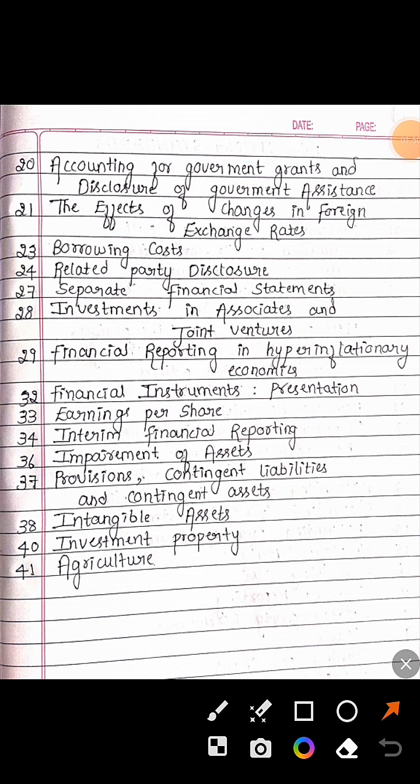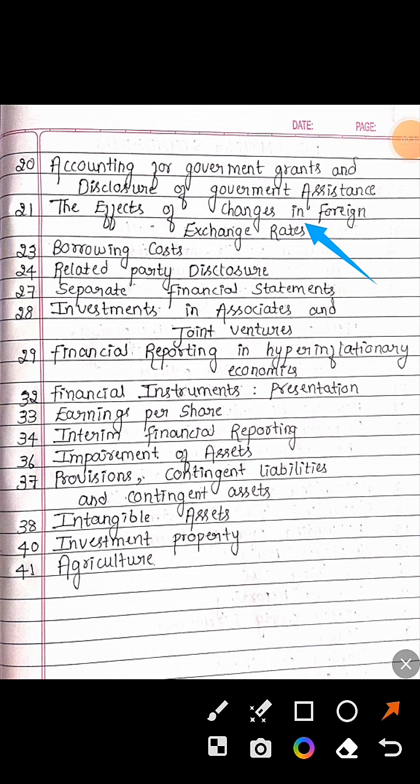Next we have Ind AS 21. Ind AS 21 talks about the effects of changes in foreign exchange rates. When an Indian company deals with foreign companies, the exchange they make in India is in rupees and in the foreign country it is in, say, dollars. So what is the exchange difference?